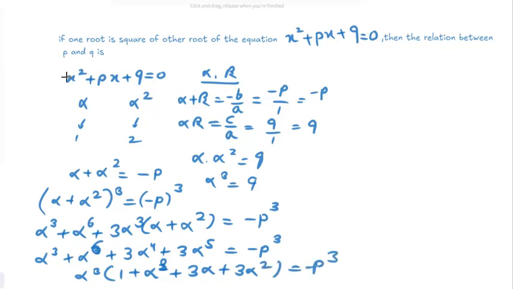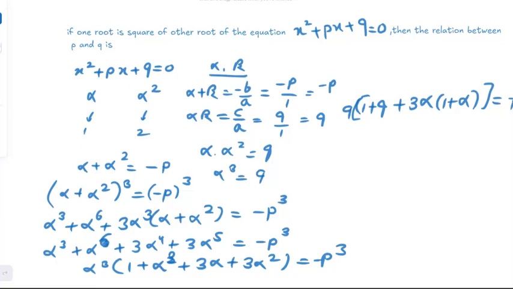And alpha cube equals q, so you can replace alpha cube with q. So this is q times 1 plus q, plus 3q times alpha plus alpha square, and this equals minus p cube.